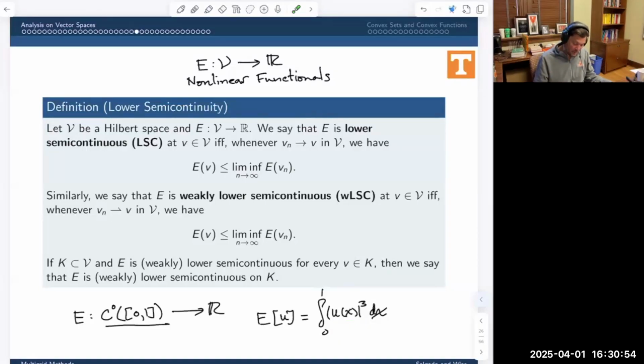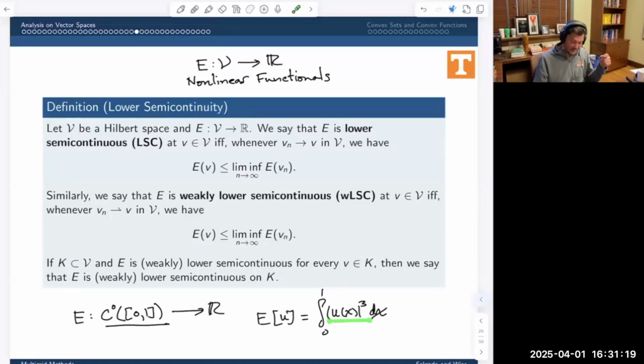However, will this object make sense? Is the cube of the absolute value of this function still integrable over 0, 1? The answer is yes, because this guy is a continuous function. If I take the absolute value of a continuous function, then that's continuous. And if I cube that result, then I get a continuous function again.